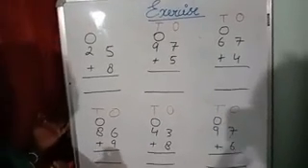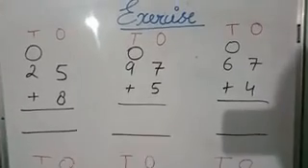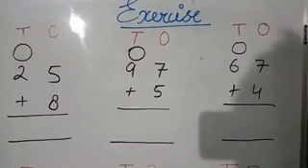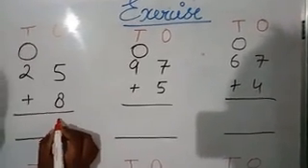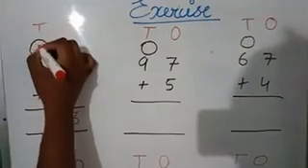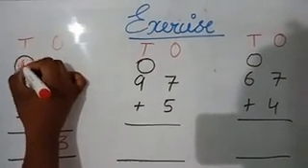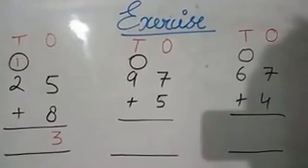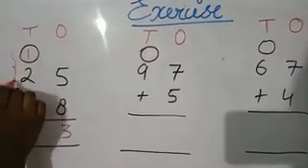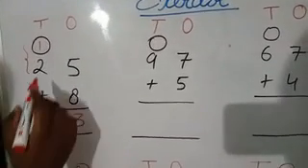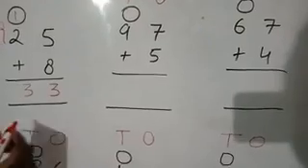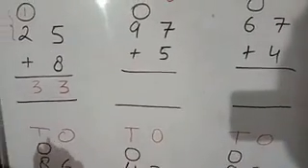So let's do some exercise to make you understand more. See the first one, 5 plus 8. 5 plus 8, 13. So here we write 3 only, and 1 will go on the top of 2. Then we add both of them. 2 plus 1, 3. Okay, here we are getting 33.